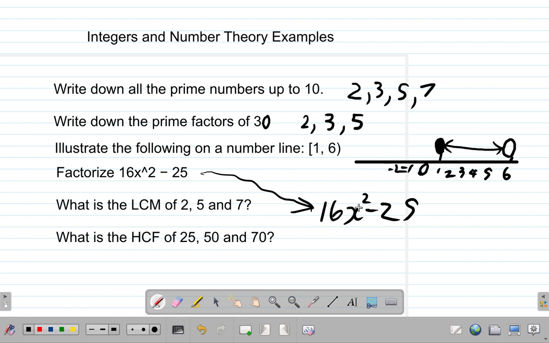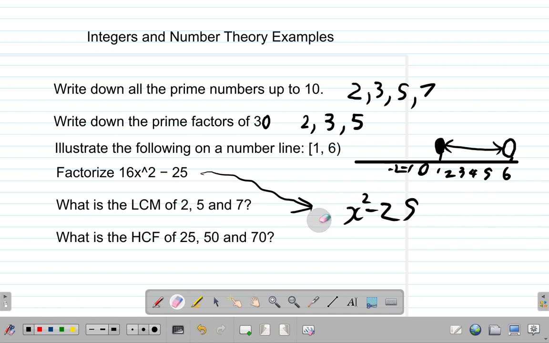If you look at this, right? Oh, there's nothing to factorize here. What I should have had is 5x squared minus 25. That's what I was thinking about.